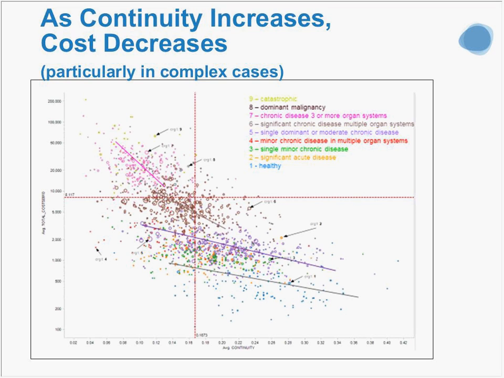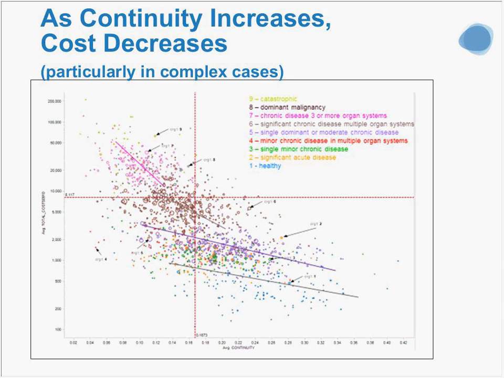Those are often the frail elderly, the multiply comorbid patients. We can see there that those folks have the most significant cost savings, because A, they cost the system most, but also have the most significant drop in costs when they are attached to the providers.